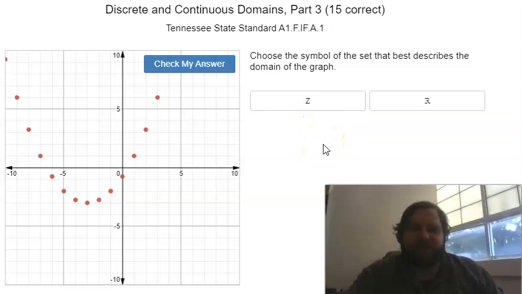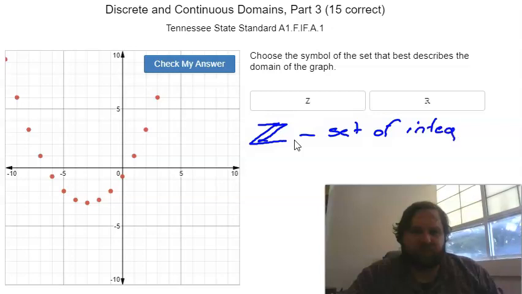So when you see this, it's a little hard to see because Desmos prints those off awful small. But what this is, this is called a double struck Z. So it looks something like that. And that double struck Z represents the set of integers. And if you'll recall from the last one, when the domain is a set of integers, we say that that is discrete.